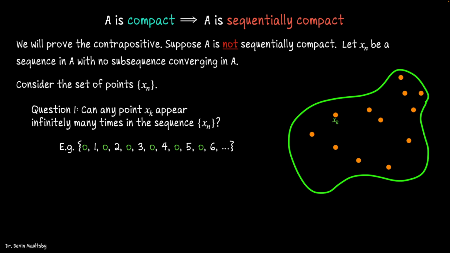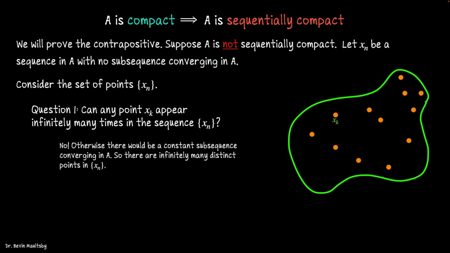Hopefully you recognize that if I just extracted from that sequence the subsequence of zeros, that would produce a constant sequence which would converge to 0, which must be in the set since it belongs to the sequence. So no term in our starting sequence can appear infinitely many times because that would generate a constant subsequence.